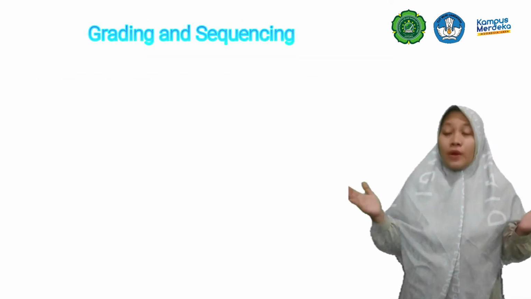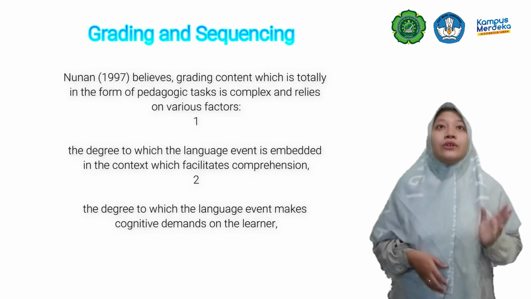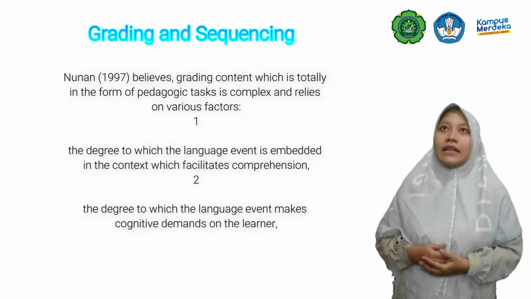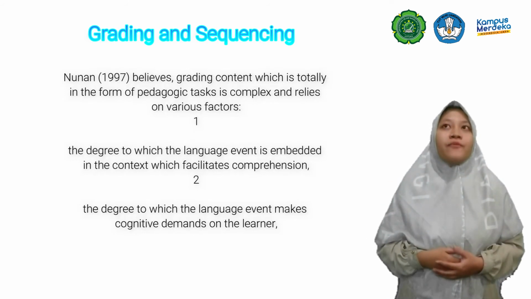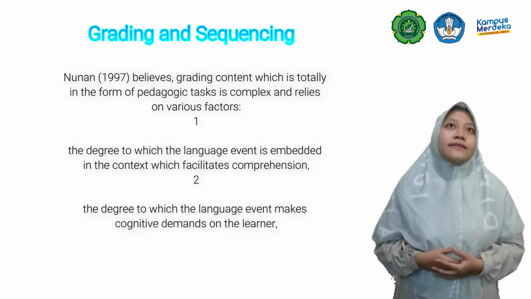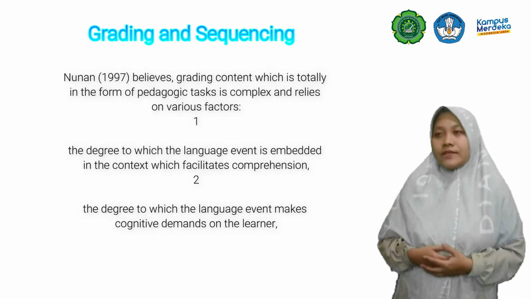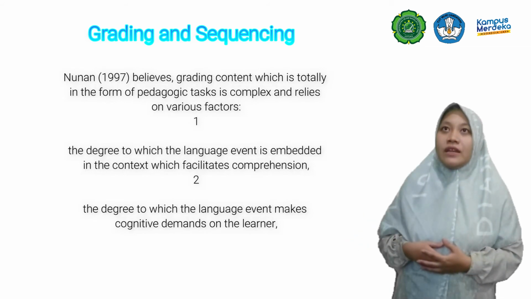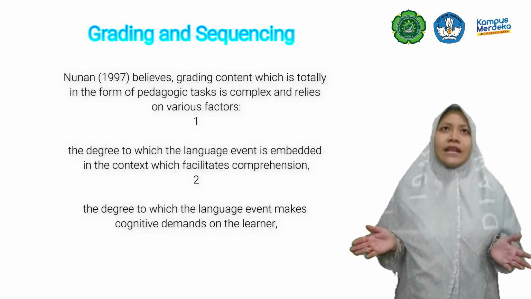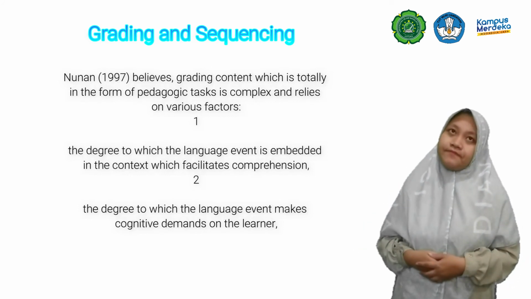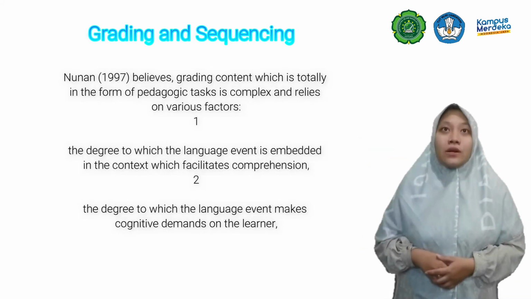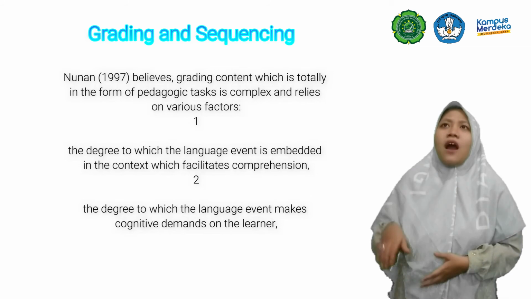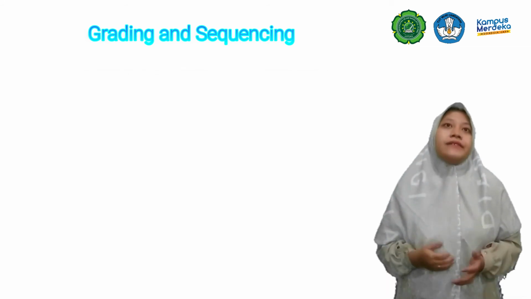Now, how about grading and sequencing? So Nunan believes grading content, which is totally in the form of pedagogic tasks, is complex and relies on various factors. The first, the degree to which the language event is embedded in the context which facilitates comprehension. The second, the degree to which the language event makes cognitive demands on the learner.